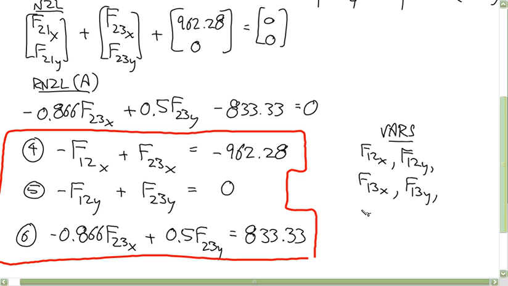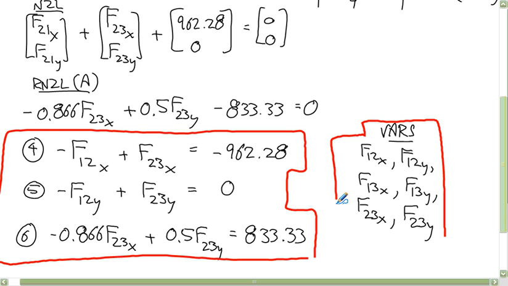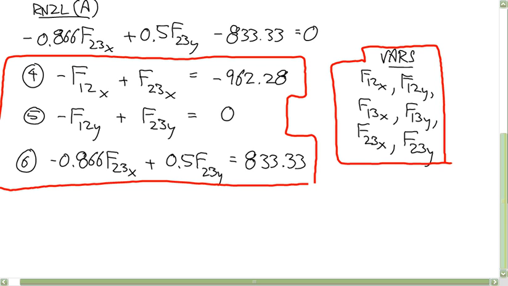And then 2, 3, x and y. Okay, so now we have 6 equations and 6 variables, so we can solve this system.